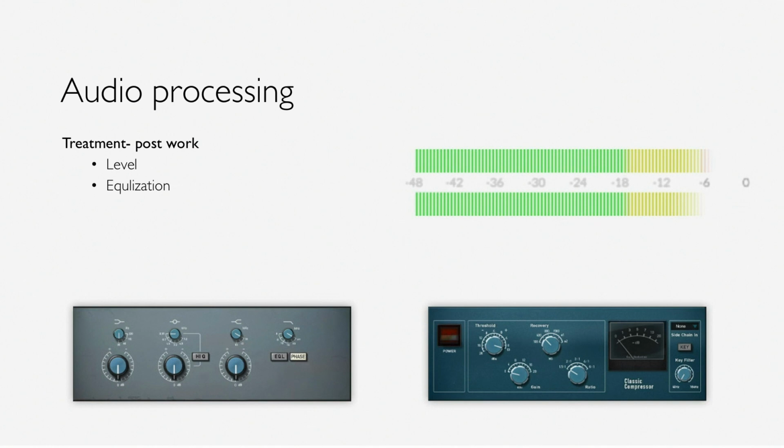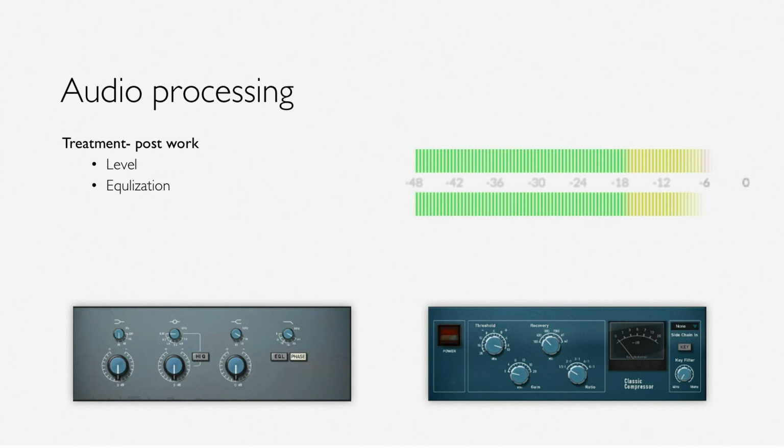So if that is lacking for whatever reason, it could be that you're placing the microphone on the chest, then you would have to compensate for the lack of 3 kilohertz, and do that with an EQ. And use compression with respect. Respect for the listener, respect for the dynamics of the voice.